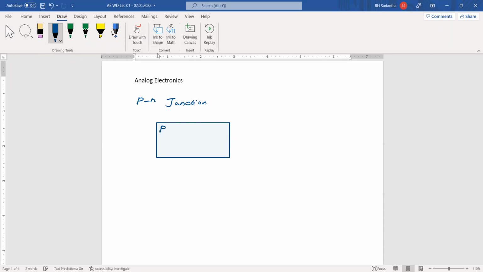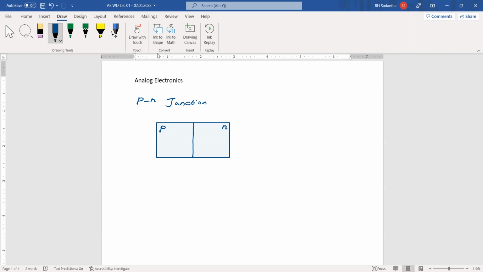Once you have P-type and N-type semiconductor here, we can combine these two like this. You know that better than me, and you know that the different elements belong to different groups also.